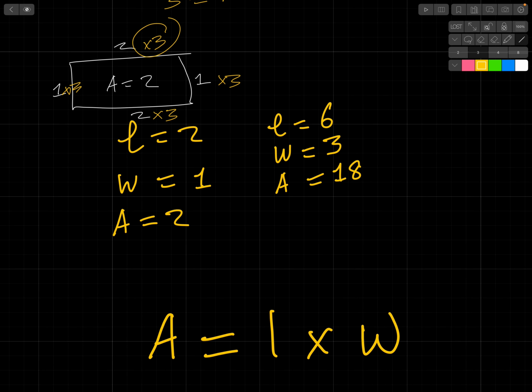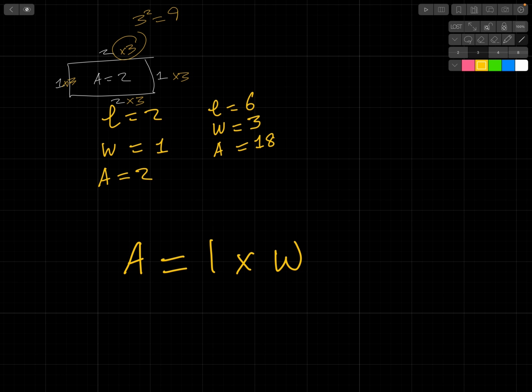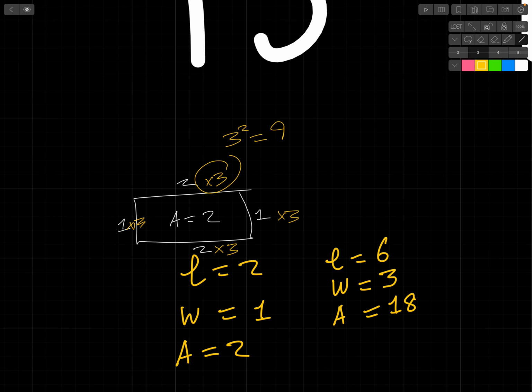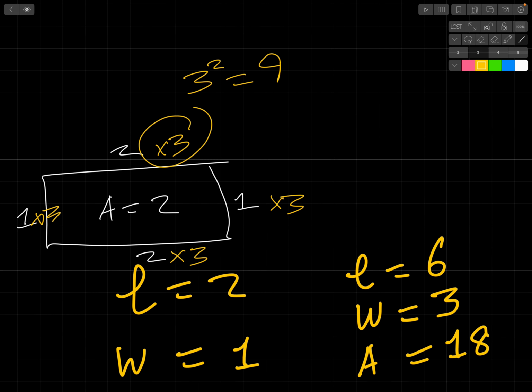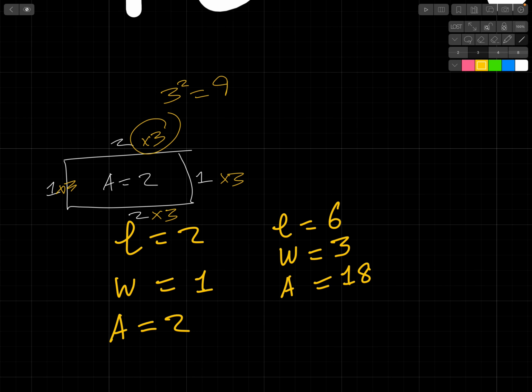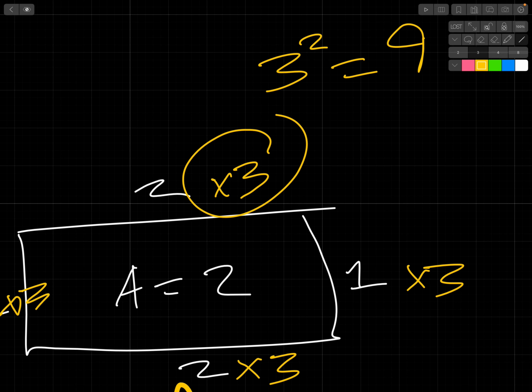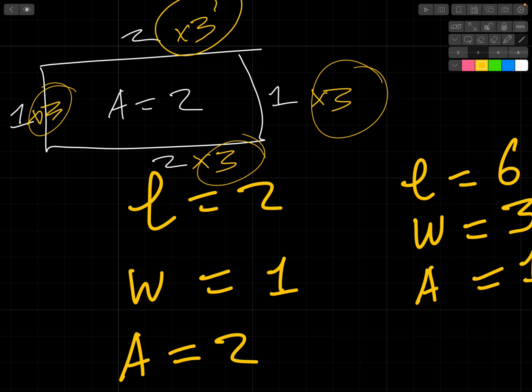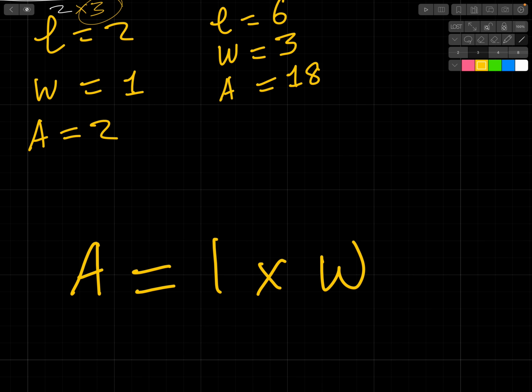Okay. So the area formula for a rectangle, or for most 2D objects, is A equals length times width. So here length is 2, width is 1. So let's just simulate what would happen to the area if all side lengths were tripled. So this is the formula. If all side lengths were tripled, we use 3.